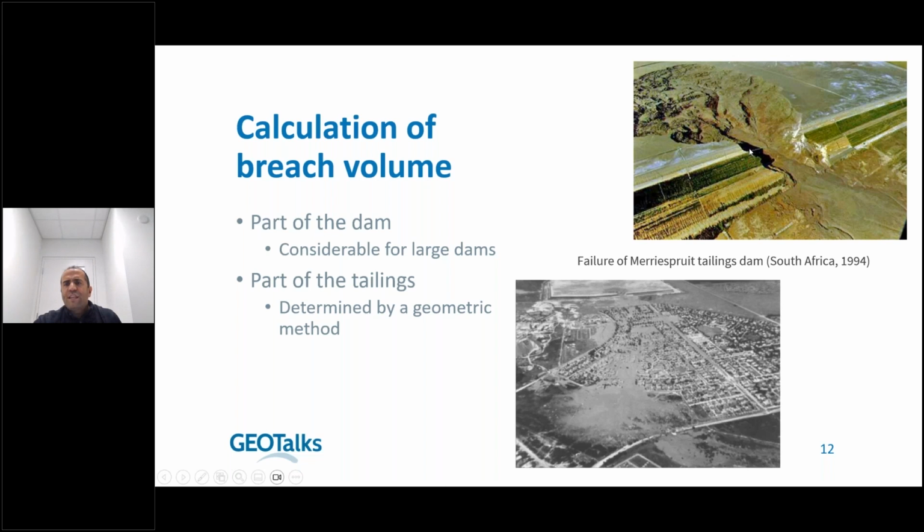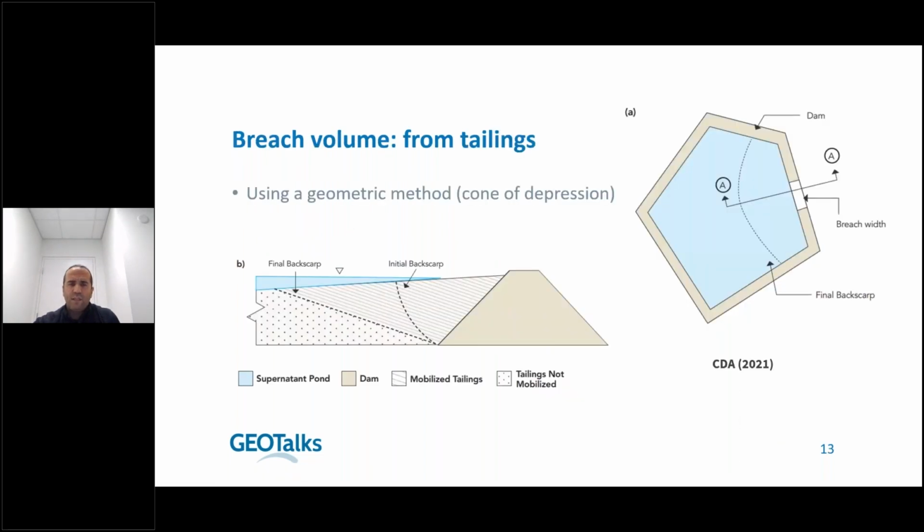So the question now is, when having the topography of a site and bathymetry included, how to calculate the breach volume. For the case of a large dam, there could be a lot of volume from the dam, and also the volume from the tailings should be calculated.